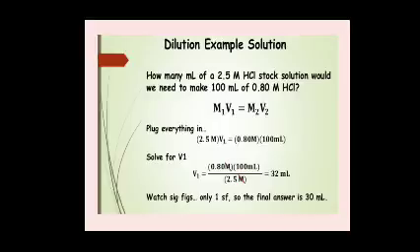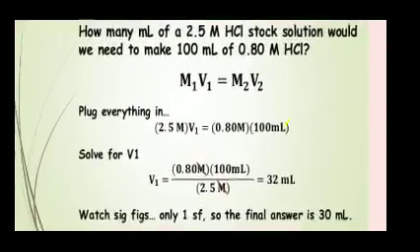Therefore, M1 V1 is equal to M2 V2. 2.5 M into V1 is equal to 0.8 M into 100. Therefore, V1 is equal to 0.8 M into 100 by 2.5, that is equal to 32.